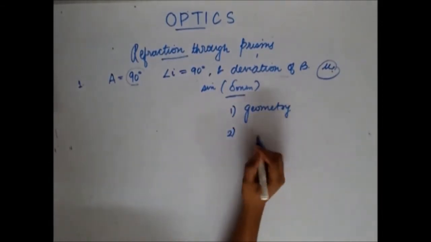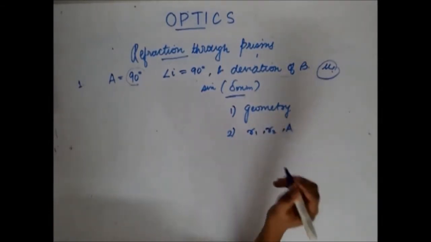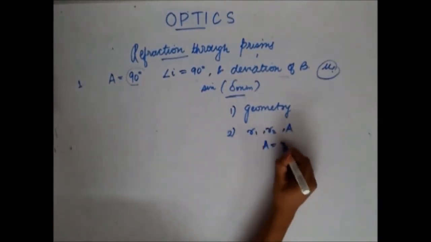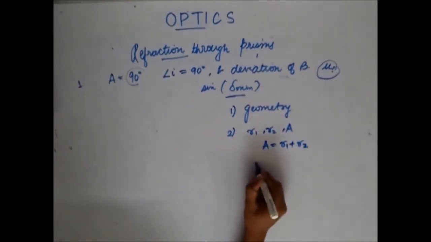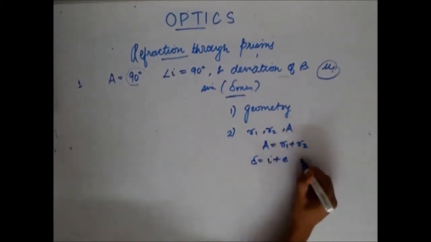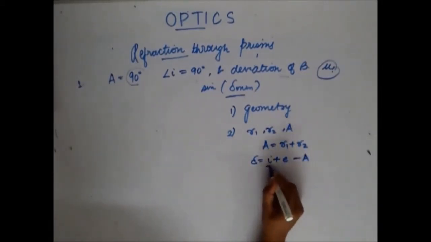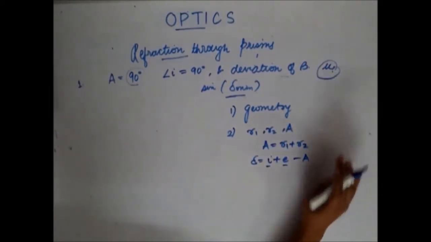Second, you should know the relation between R1, R2 and A, which is A equals R1 plus R2. Also you should know what delta is. Delta is I plus E minus A, where I is the angle of incidence and E is the angle of emergence.